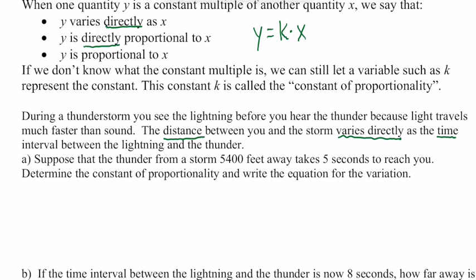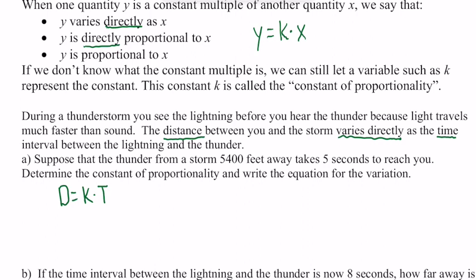I'm going to use d for distance and t for time, and I can say d is equal to k times t. Whenever you see something say directly proportional or varies directly, your basic equation is going to be one variable equals k times another variable.